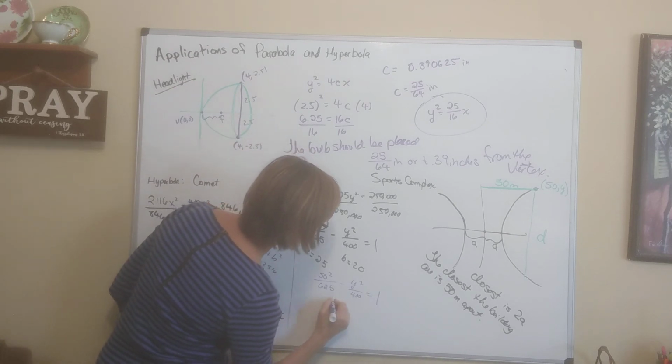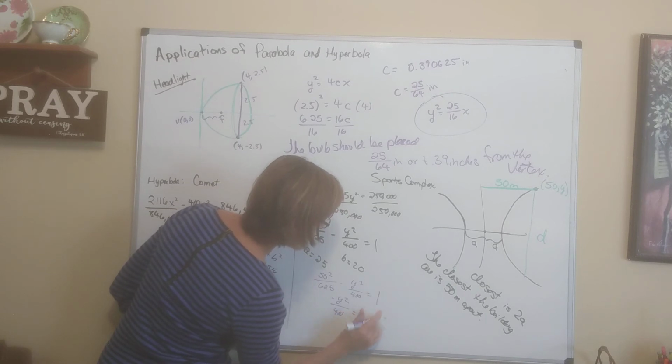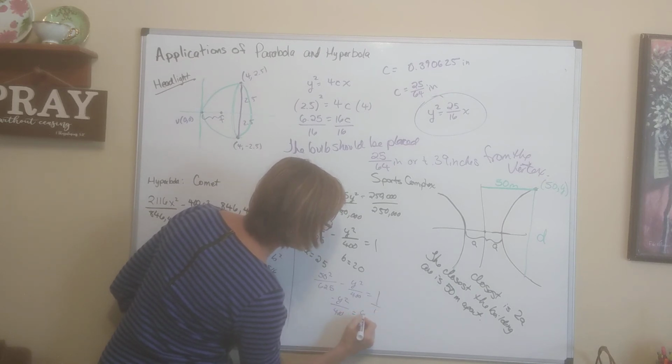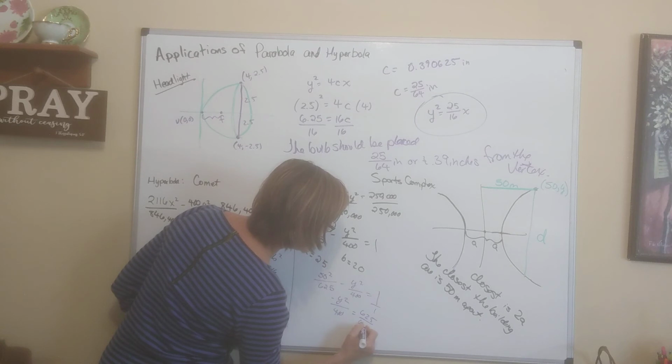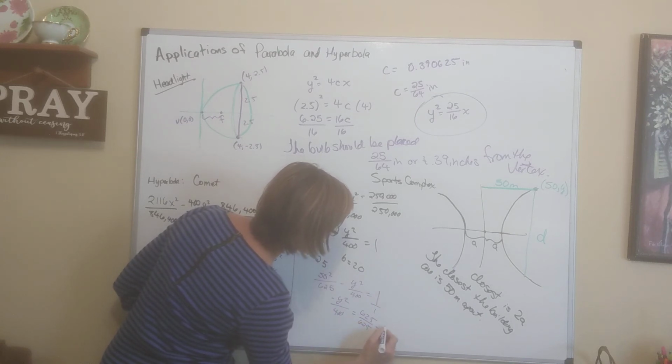That would be negative y squared over 400 is 1, or 625 over 625, minus 50 squared, which is 2500 over 625.